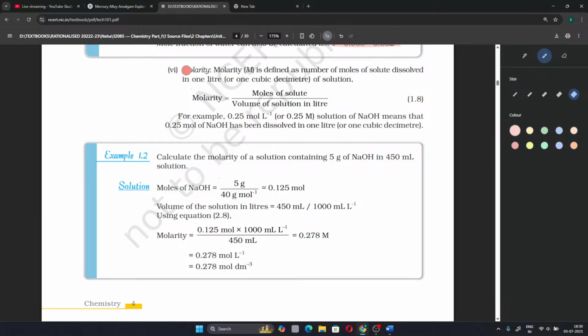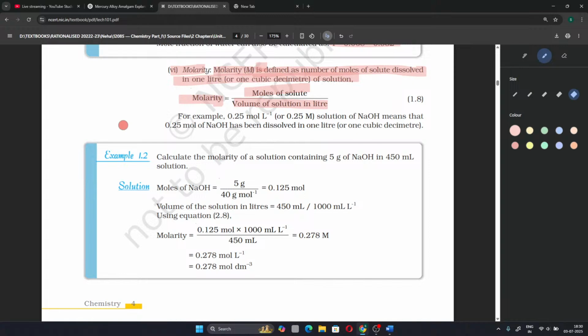The next concentration term is molarity. Molarity, denoted by capital M, is defined as the number of moles of solute dissolved in 1 liter of solution. Molarity is moles of solute by volume of solution in liter. Till here we saw that in the denominator we are considering the whole solution and not the solvent.